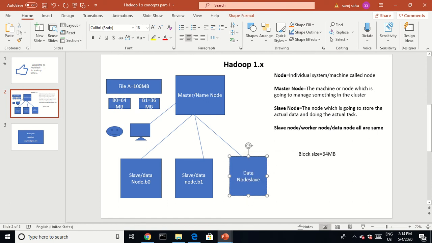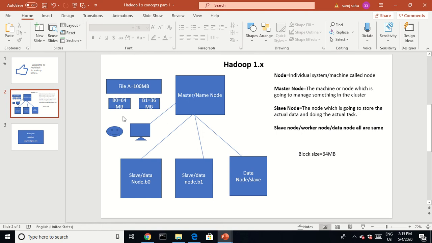Slave machine, worker machine, data node, all are the same terminology, but it is good to talk in Hadoop terminology. So we call it a data node, and the master machine a name node. Now the file comes into the picture, collected by the client machine. The file is going to be divided into a number of blocks, or chunks or slices.